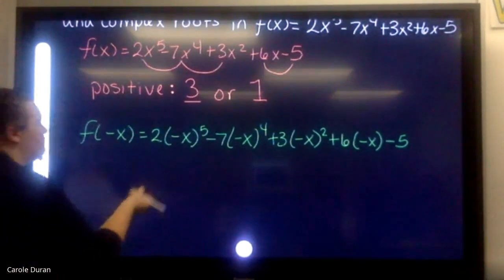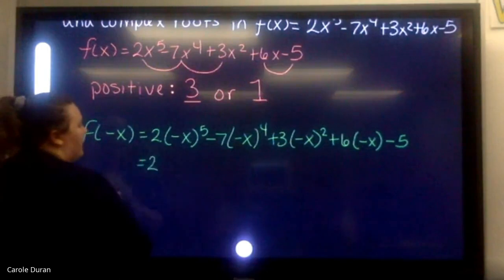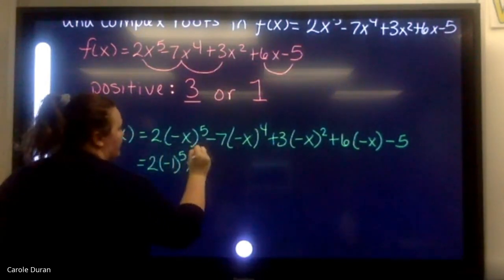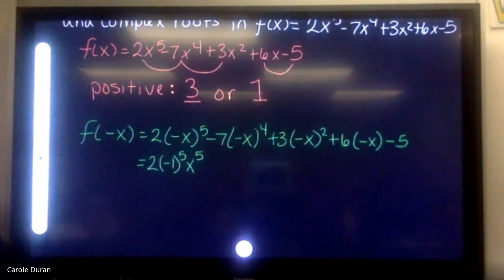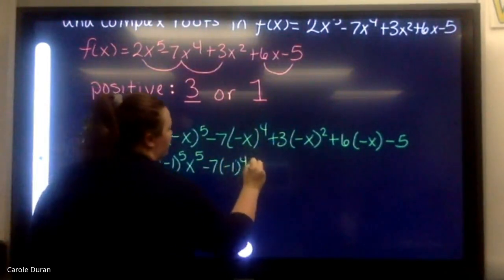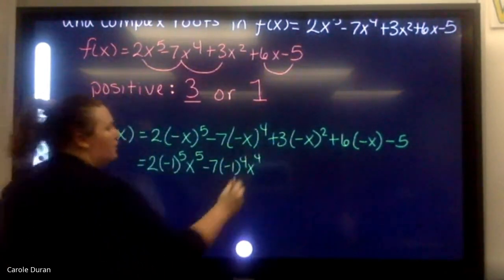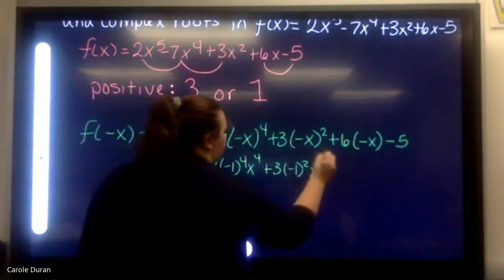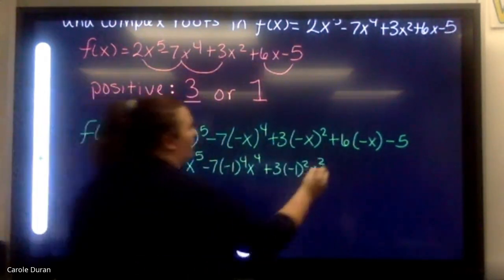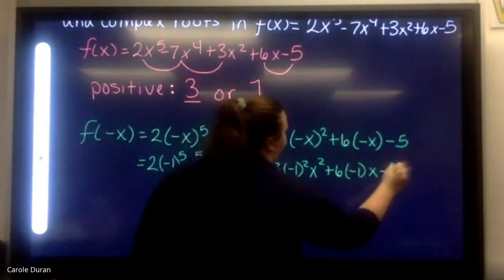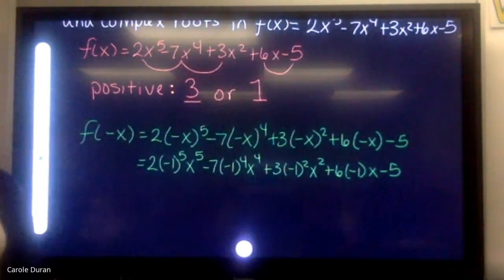So this is the same as taking 2 times negative 1 to the 5th times x to the 5th, because negative x is the same as negative 1 times x, minus 7 times negative 1 to the 4th times x to the 4th, plus 3 times negative 1 squared times x squared, plus 6 times negative 1 times x, and then minus 5.